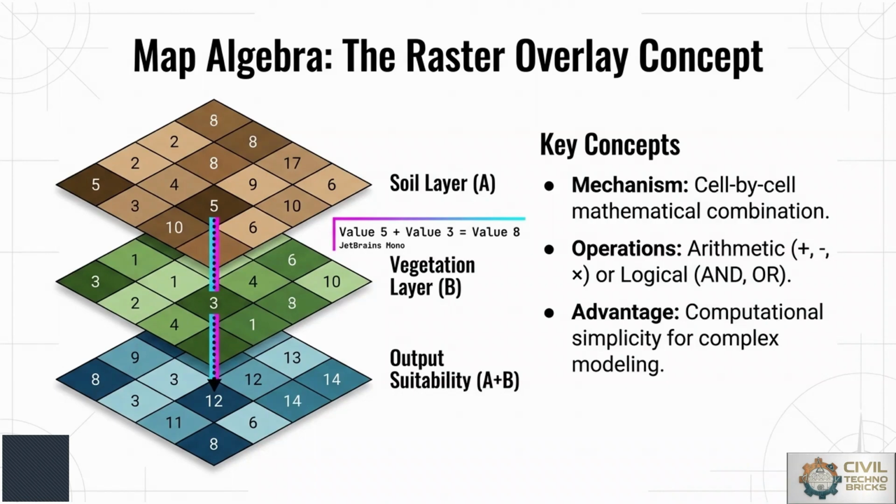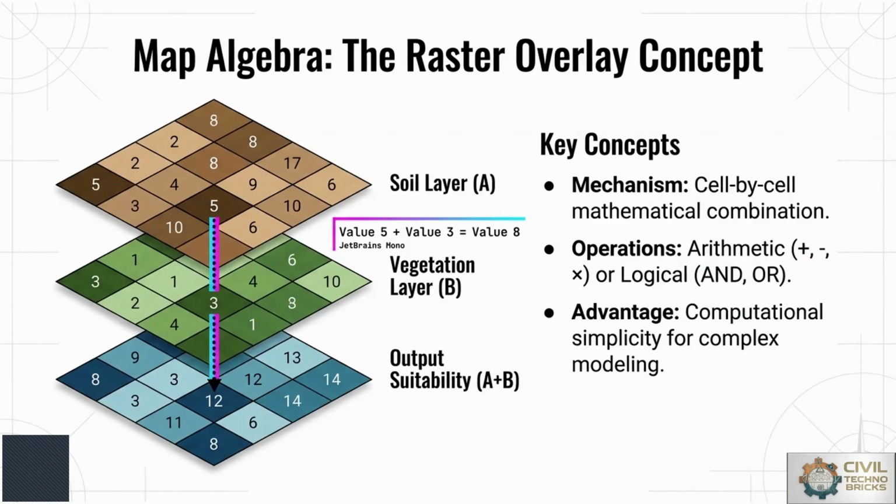While vector analysis is about objects, raster analysis is about surfaces. So the world is divided into a continuous grid of cells, and analysis is performed by comparing cell values across the layers. This is also known as map algebra. In civil engineering, raster analysis is the gold standard for modeling continuous phenomena like rainfall, runoff, air pollution dispersion, and elevation changes, etc. So it is computationally faster for large areas, and it is the preferred method for regional planning and environmental modeling.